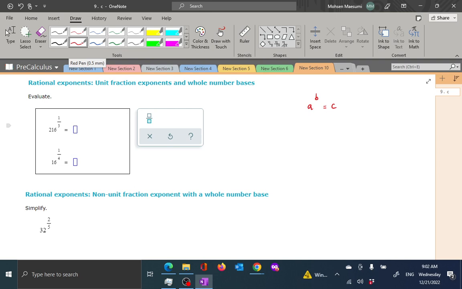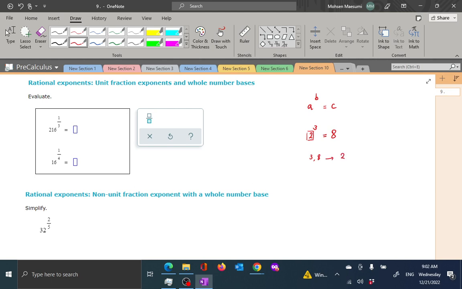Let's take a simple example. Suppose I have 2 to the power of 3, which you know is just 8. Now suppose you have 3 and 8 given to you, and you want to find this number. Out of these two, how do you extract 2?